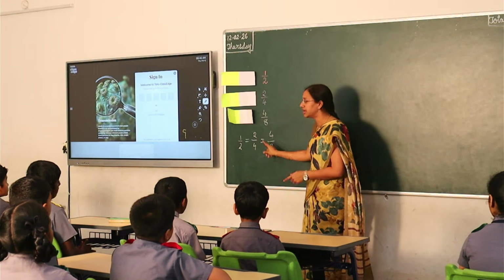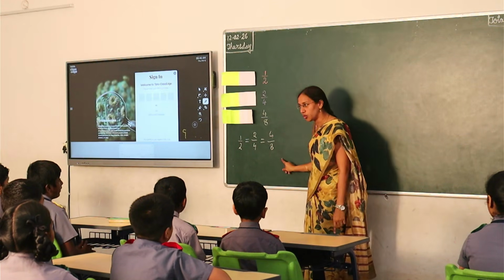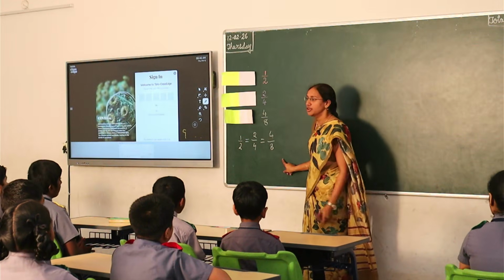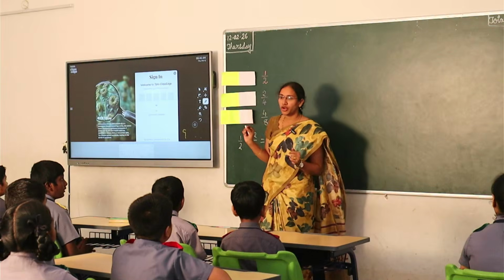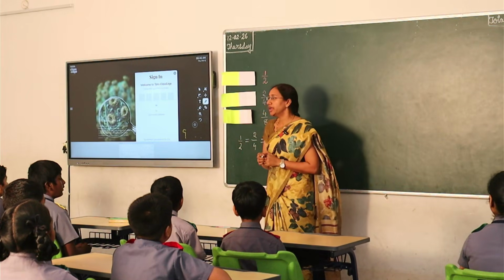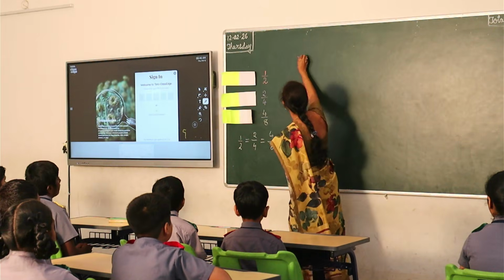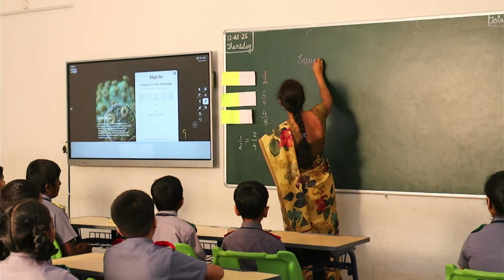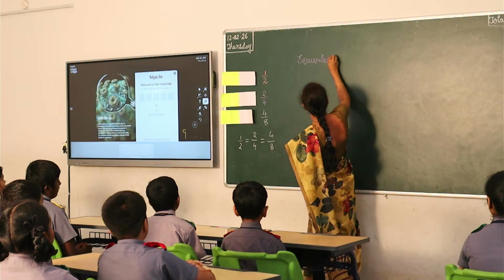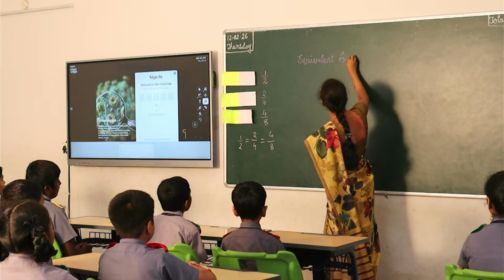What does it mean? They are equal. Understood, children? So, this is what we are going to learn today about equivalent fractions. What are we going to learn today? Equivalent fractions. So, what does it mean?